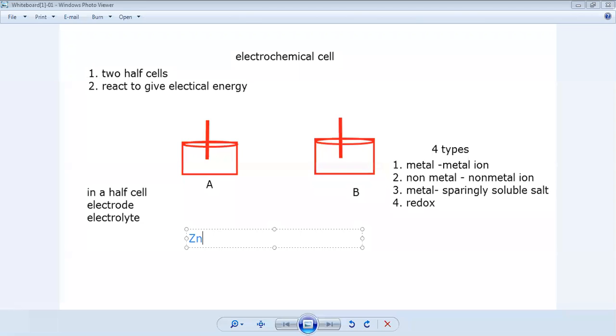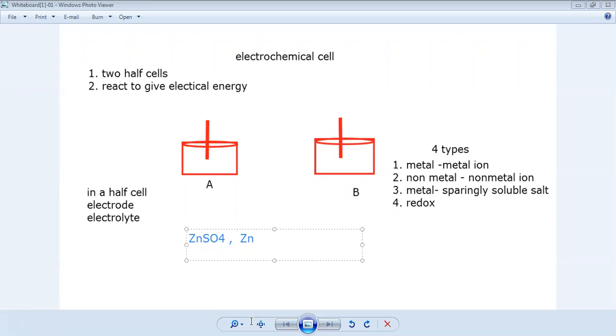What will be there in the rod? In solution, there will be zinc ion, say for example ZnSO4, zinc sulfate, and the rod will be made up of solid zinc.